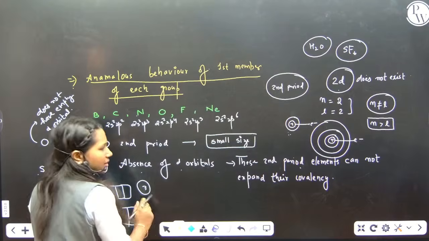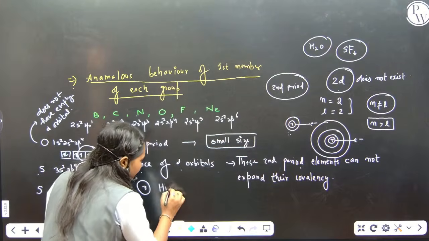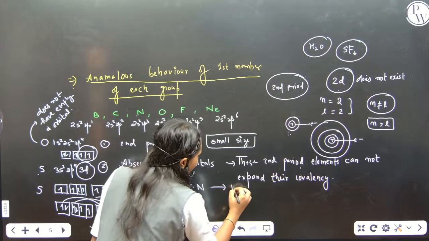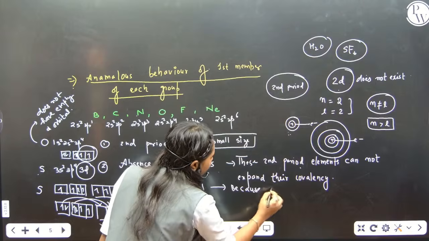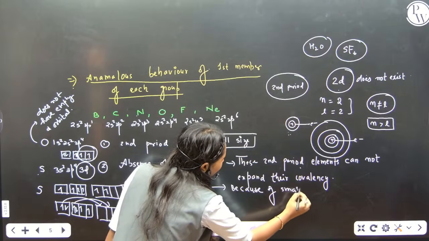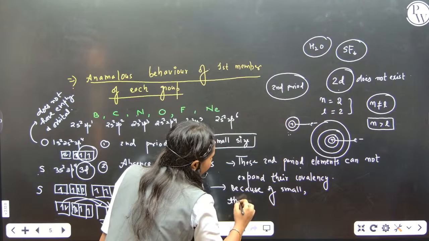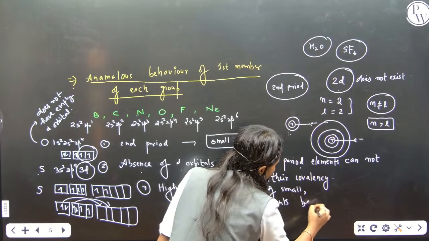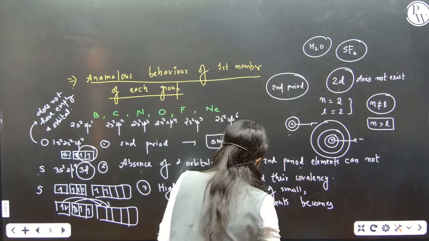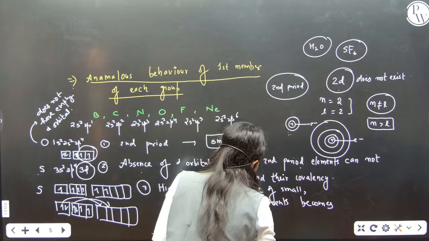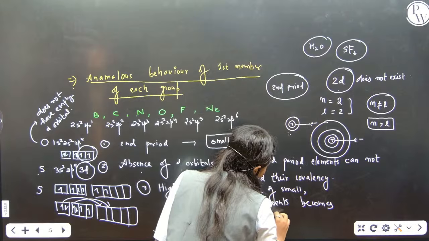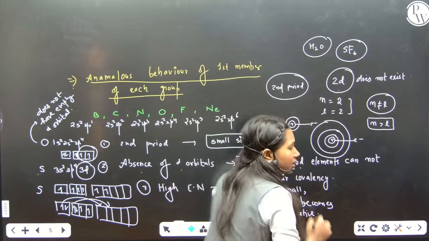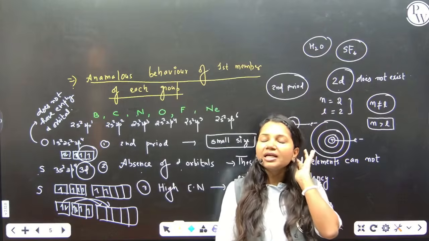So the third reason is high electronegativity. Because of small size, these elements become highly electronegative.